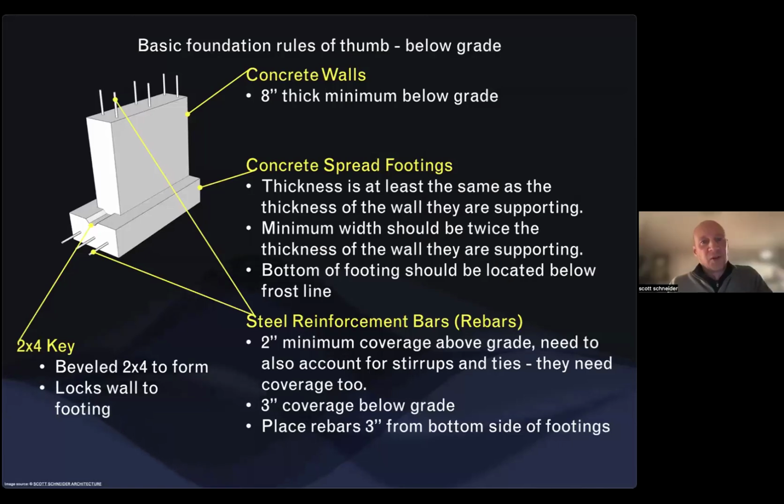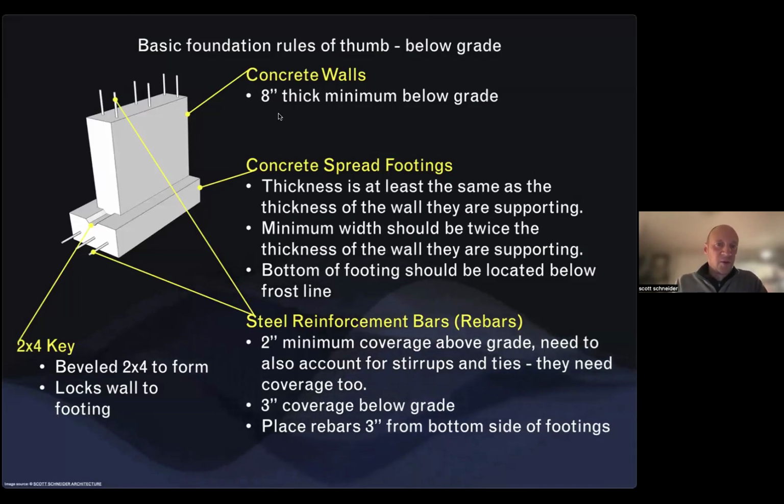And then I wanted to go through a few basic rules of thumb for different foundations that you might use to build an observatory. The first one would be a concrete wall on a spread footing.